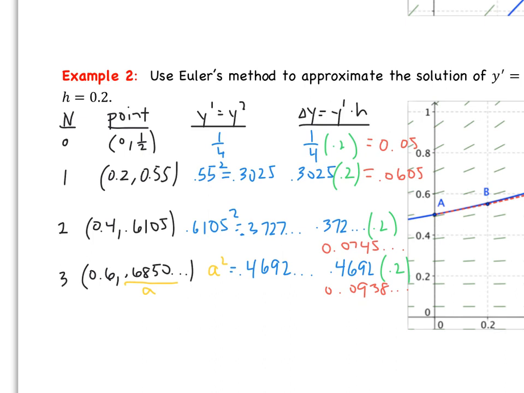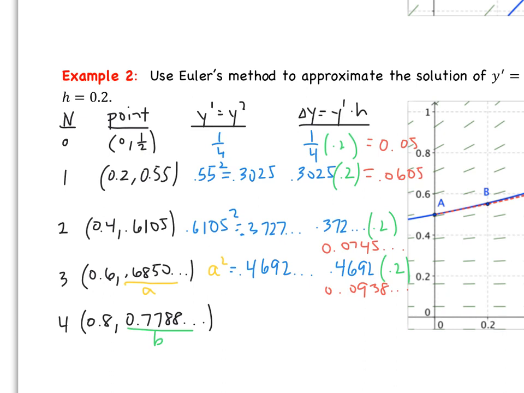So now our next step, as you can see, it's getting nasty. Our x value is 0.8. Our y value, now we're going to take that a value and add this new delta y to it to get 0.7788, etc. So now let's store that as b.